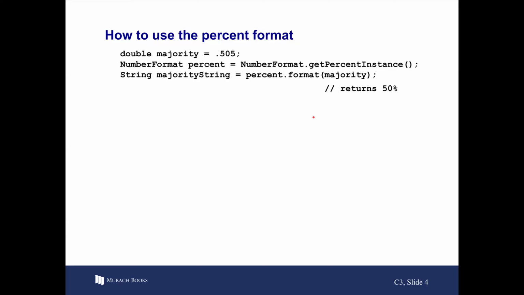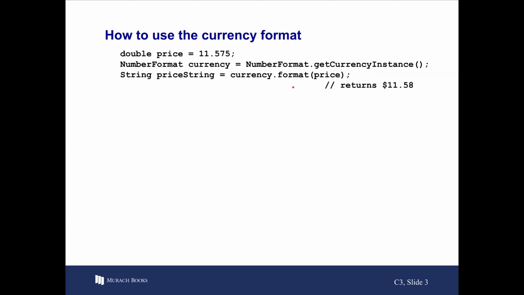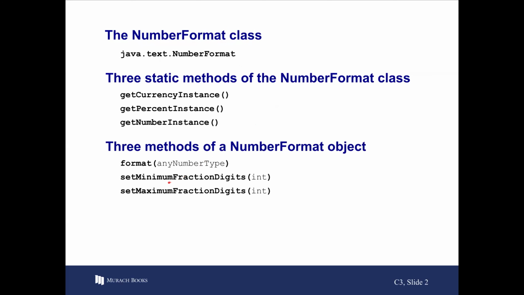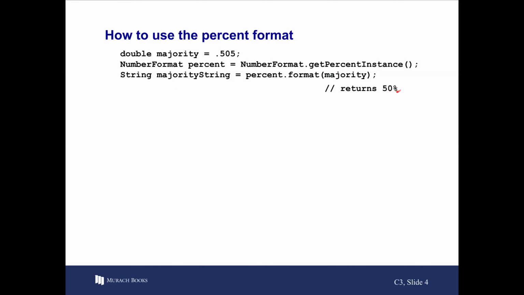Here's how percent works. It works the same way as the currency format, but you use the getPercentInstance instead of a currency instance. Then you run the format, and you get back a string formatted as 50%. You can use the minimum and maximum fraction digits here if you wanted to get additional decimal points, like 50.10.